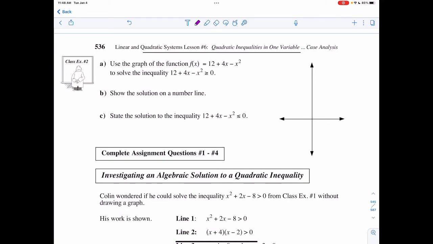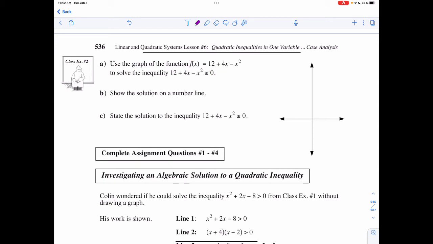For the second example, we're going to do basically the same method to find what the solution region is for this inequality: 12 plus 4x minus x squared is greater than or equal to 0. And we're going to do that by graphing out the function that's related to this, replacing the inequality part and 0 with f of x is equal to, or y is equal to.